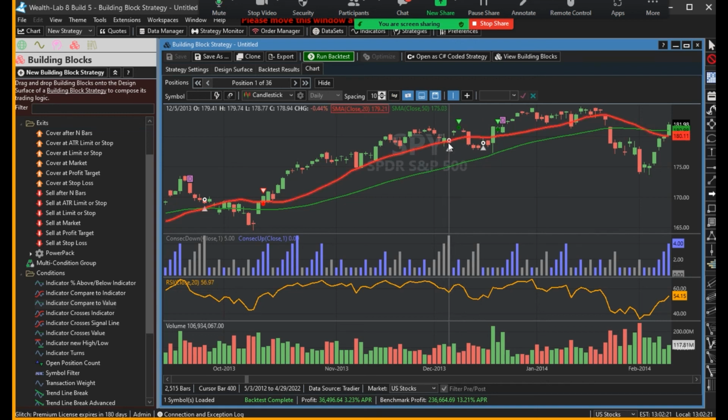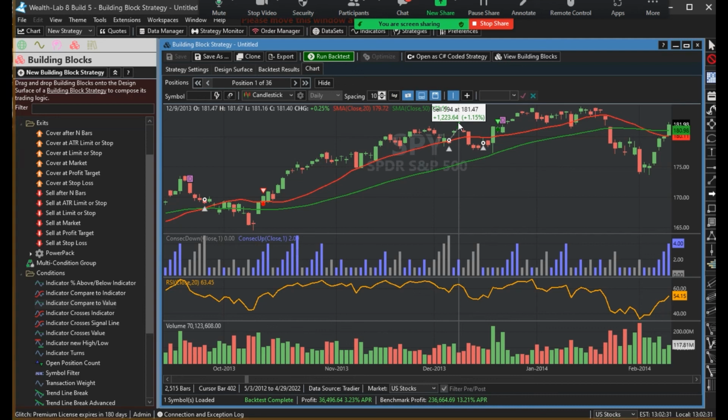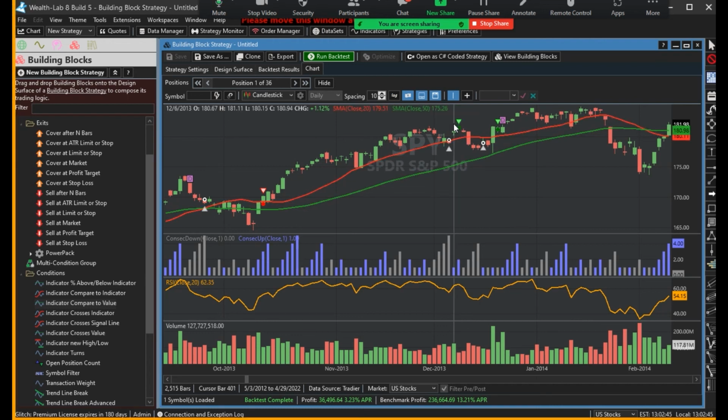This was a down day, right? This was an up day. So that's one up day, but yet it still exited here. That's because the RSI was above 60. So it used this condition, and the moving average, the 20 was above the 50. So it took those two conditions, and since two of the three were true, it exited the position. So that's the multi-condition group in a nutshell.